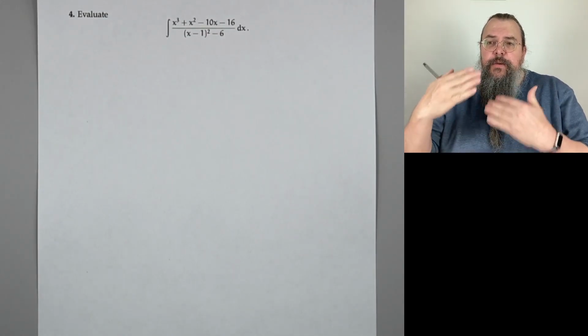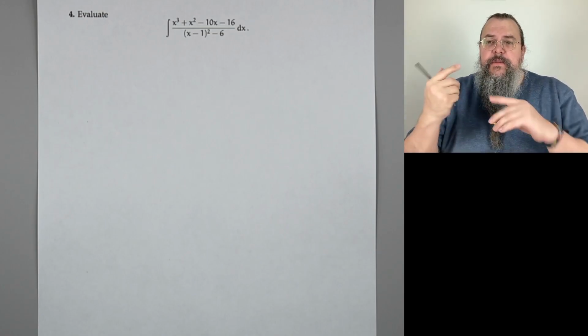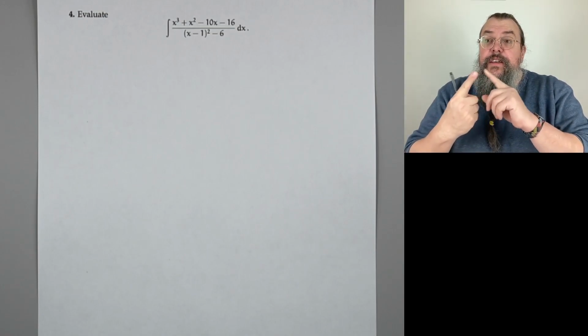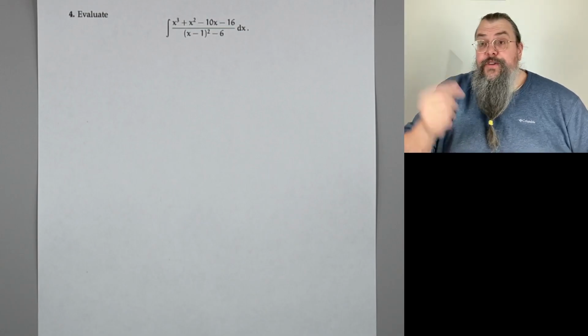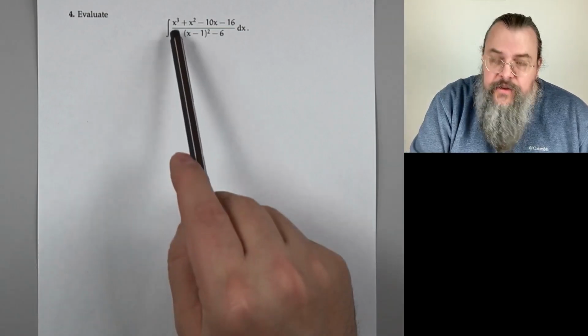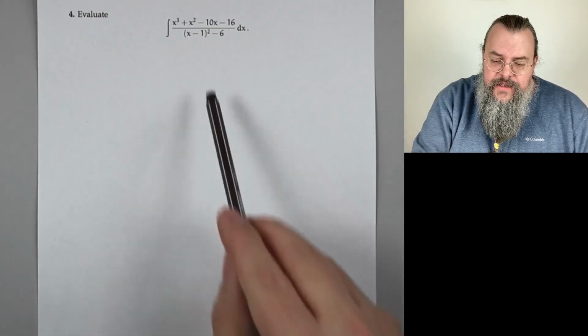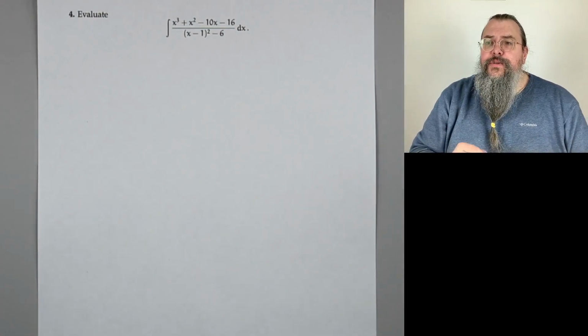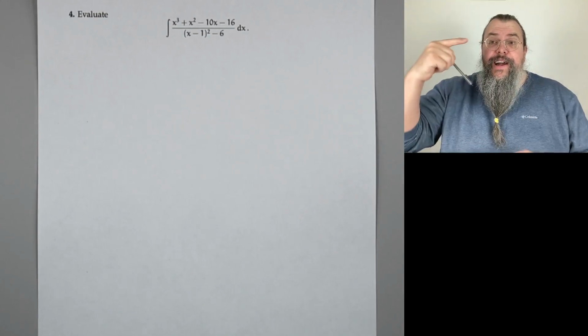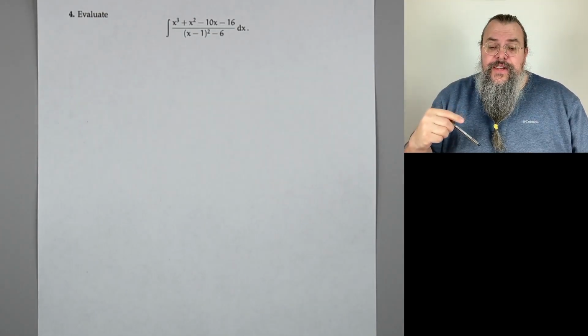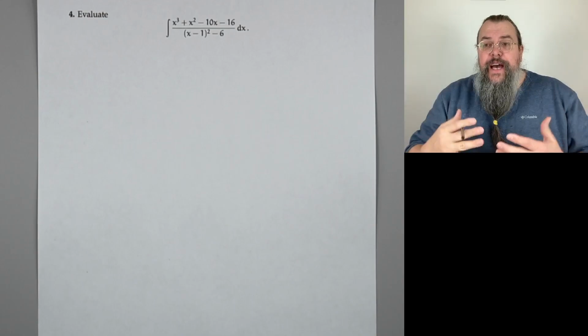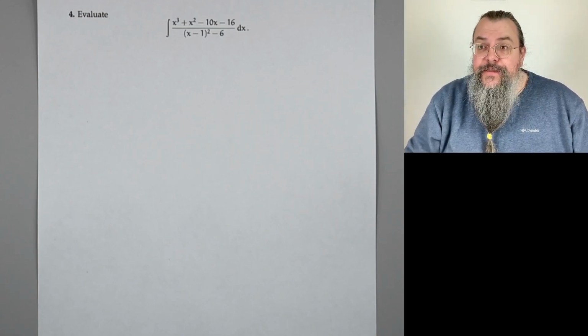Essentially, we might have to employ partial fractions, but the first thing you always check is the degrees. What's the degree upstairs? It's a cubic, degree 3. What's the degree downstairs? It's a quadratic, degree 2. When we see a higher degree upstairs than downstairs, that means we first have to do long division.